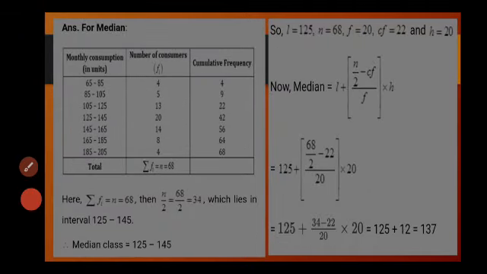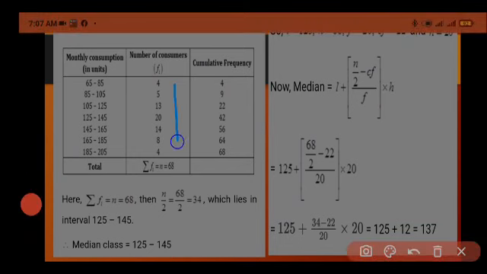Next is median. So in the median, here you can see the total number of consumers is 68, or adding all these we will get 68. So that is n. After finding n, half of n, how much will it be? 34. And in the cumulative frequency we will observe where this 34 is lying.